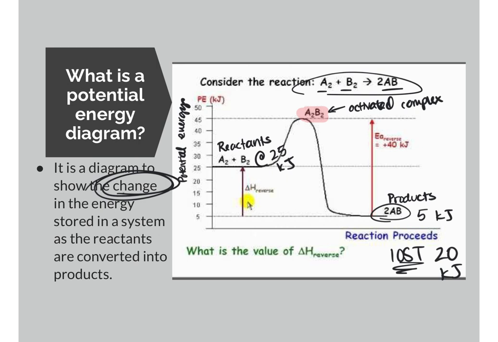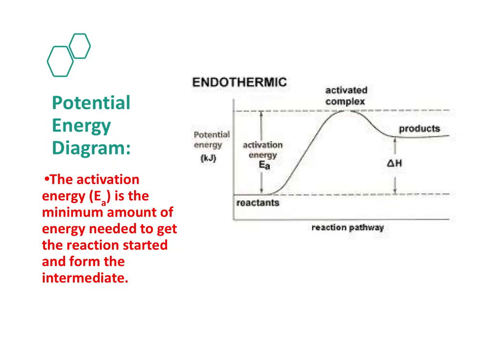So how do we actually use these? When we're looking at a potential energy diagram, the first thing we want to consider is how much energy it's going to take to get from our reactants down here up to our activated complex. Because in order for me to get to products, you can almost imagine this like a roller coaster ride. When we're going on a roller coaster, we have to go up the hill, up the hill, up the hill.